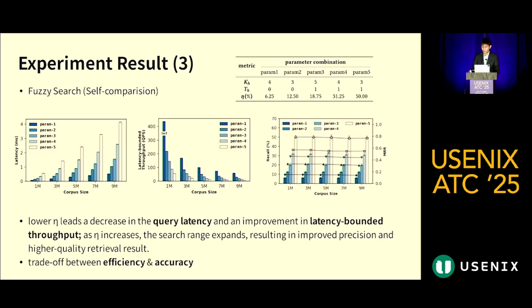As eta increases, the search range expands, resulting in improved precision and higher quality retrieval results. Users can directly predict the latency reduction and the increase in latency-bounded throughput in a fuzzy retrieval based on the parameter combination, allowing for more flexible and efficient retrieval in different approximation contexts.